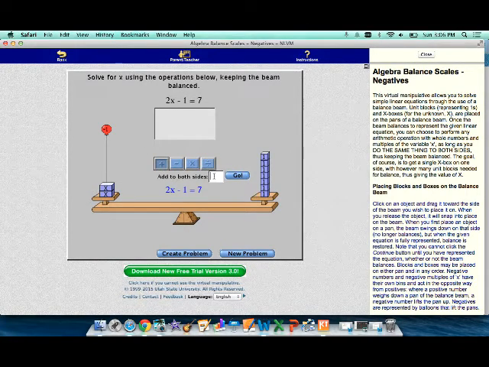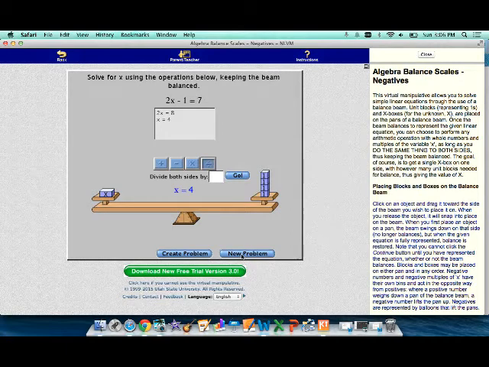I'm just going to add 1 because that's opposite to the minus 1. So my balloon disappears. I end up with 1 more unit tile on the right hand side, so I have 2x equals 8. I have to divide by 2 in order to get my x variable on its own. So 8 divided by 2 is 4. I'm left with x equals 4.